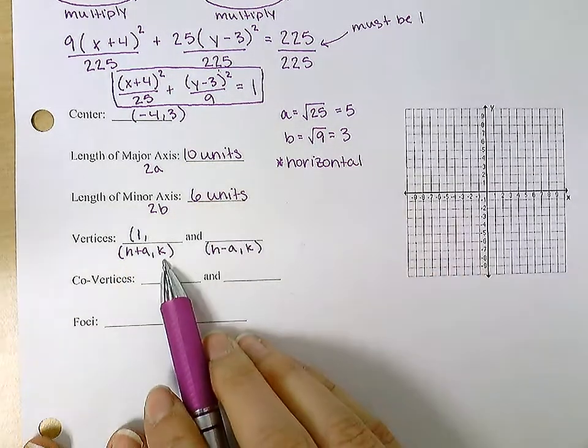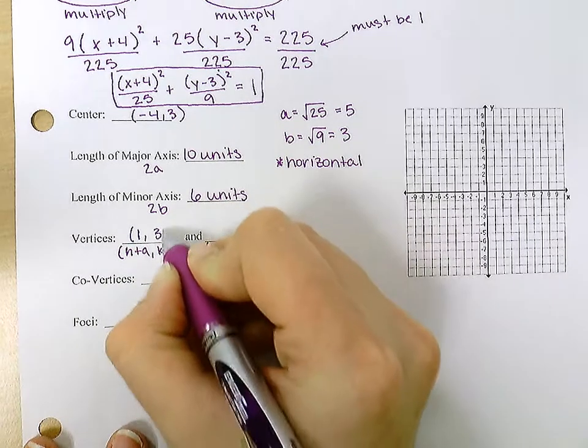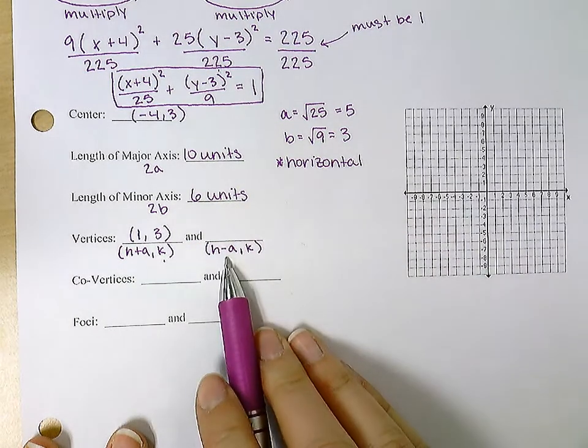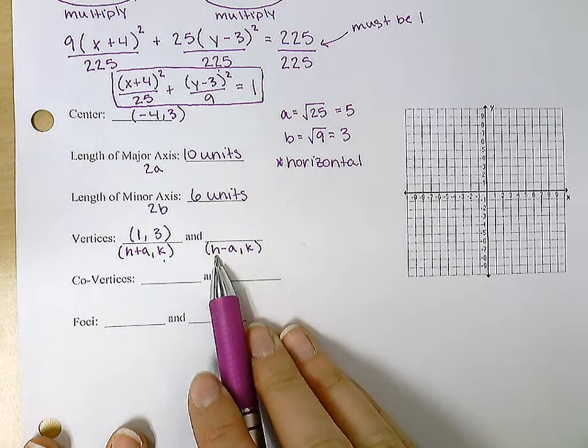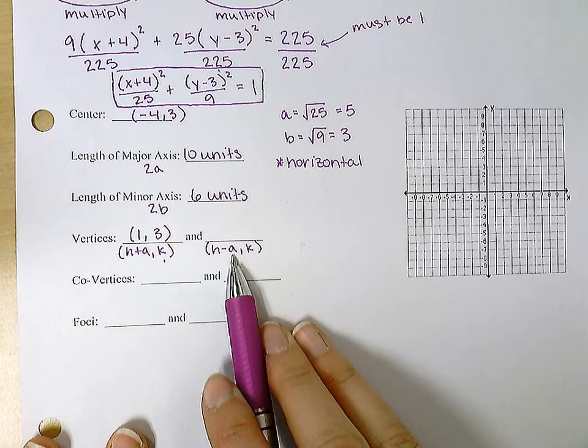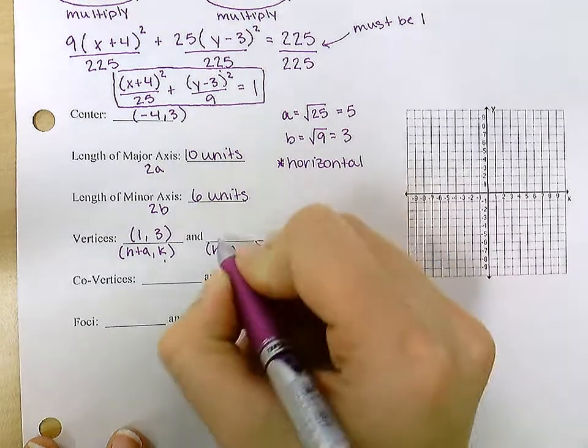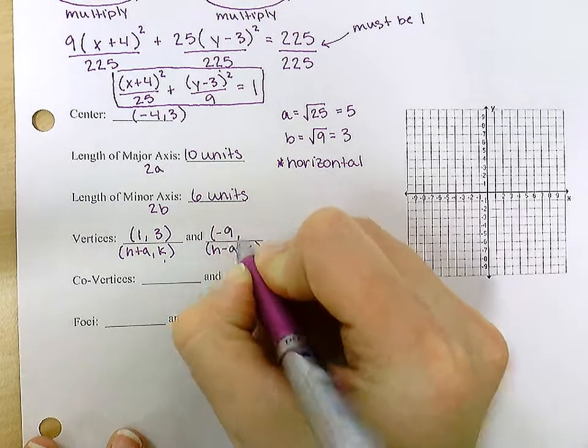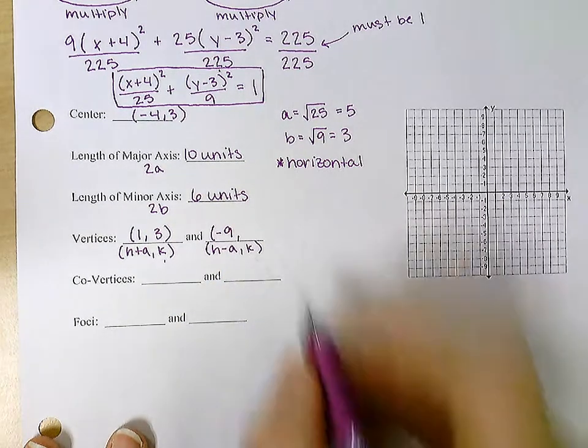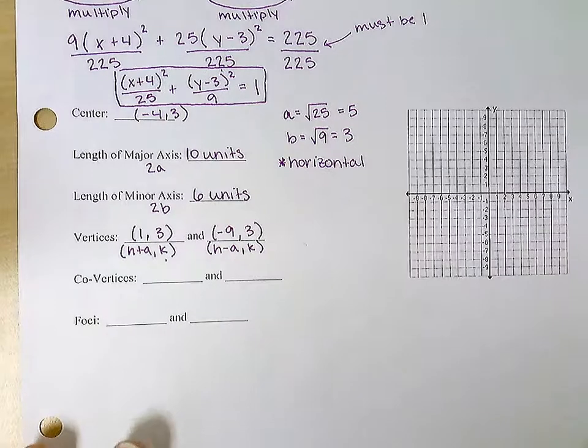And then your K value remains the same at 3. Same thing, but subtract. So -4 minus A, which is 5, that's -9. And then K value stays the same at 3.